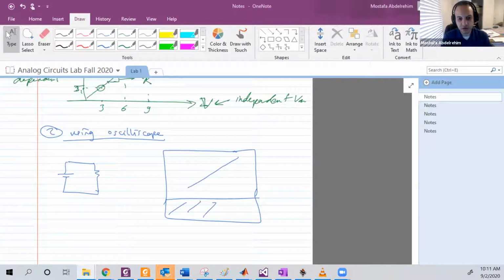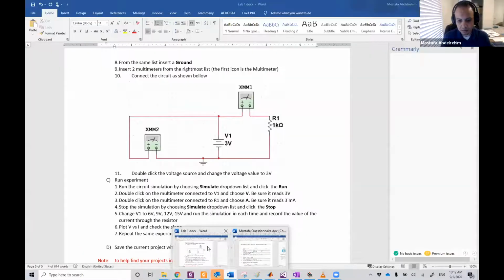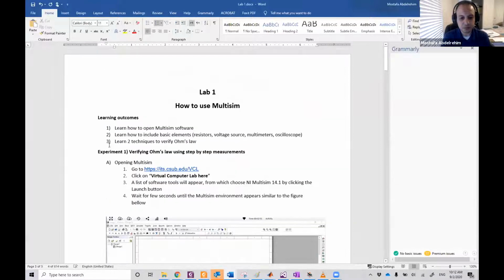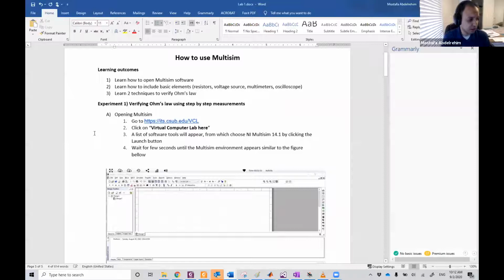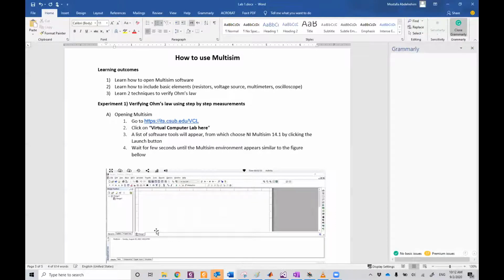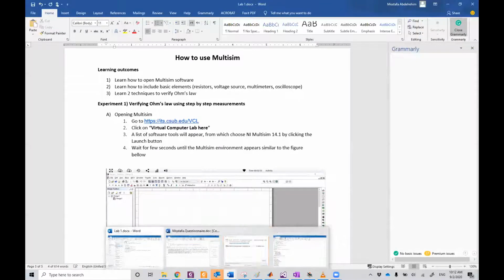So let's now share this screen. I made some minor changes in this file. You guys can see my file, right? The screen. Yeah, we can see it. Good.